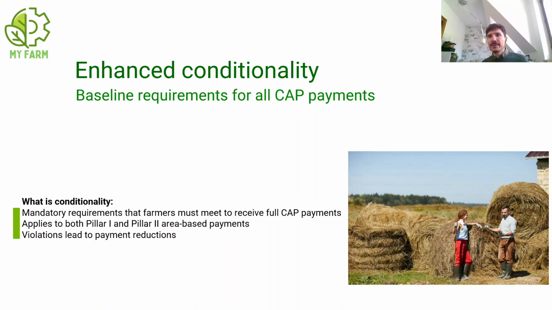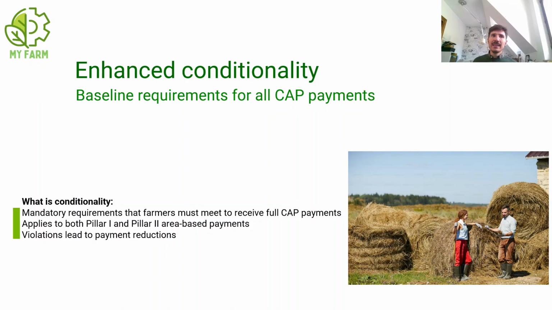Another introduction that is one of the main features of the CAP is the conditionality. The conditionality is a baseline requirement for all CAP payments. They are requirements that farmers must fulfill to receive the payments.